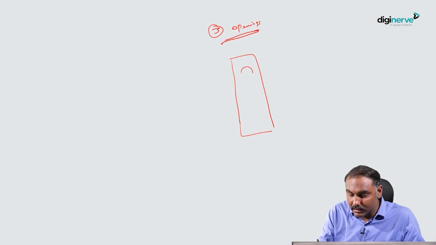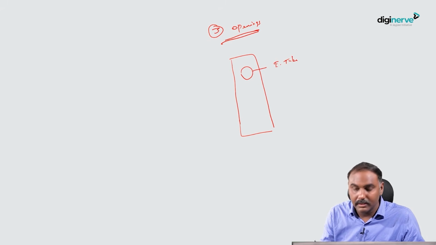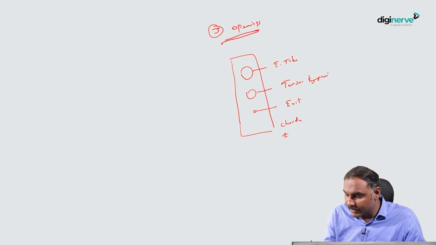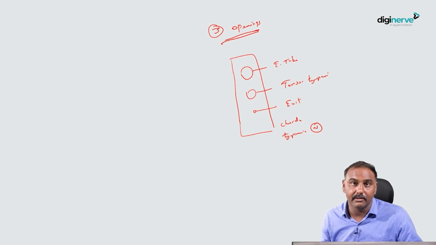The first one is the opening for the Eustachian tube. The second is the opening for the tensor tympani muscle. The third is a small opening for the exit of the chorda tympani nerve, which is a branch of the facial nerve.